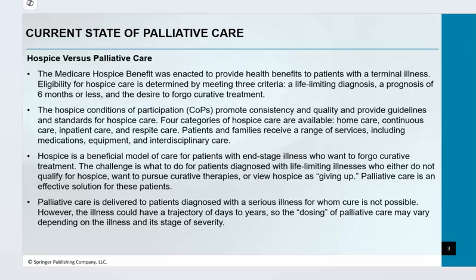If the program and the system works right, hopefully a very large majority of people that ever enroll in hospice will have been on palliative care services prior to their hospice status. Now, sometimes that doesn't happen.